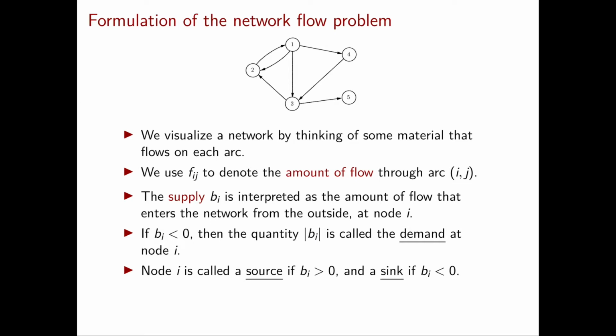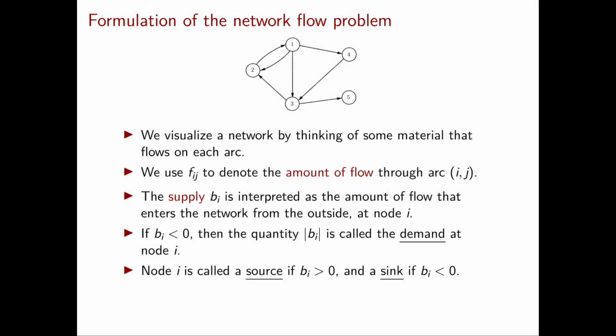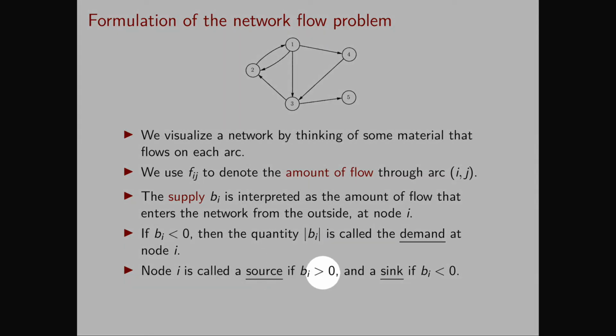In other words, a positive amount of flow exits the network to the outside. This is why, in this case, the absolute value of b_i is called the demand at node i. Accordingly, a node i is called a source if b_i is positive and a sink if b_i is negative.